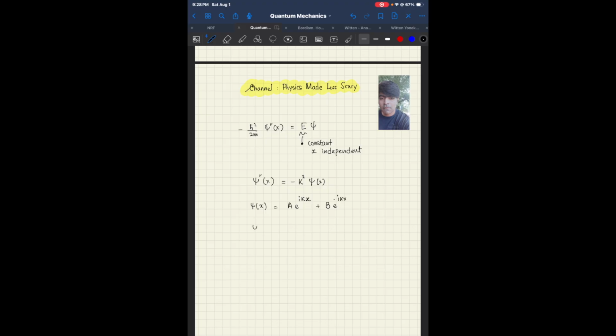Because if I take a double derivative, the sign here depends on your definition. So let me define k squared as 2mE by h squared.